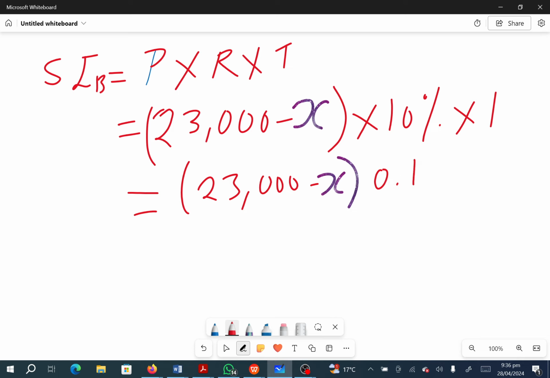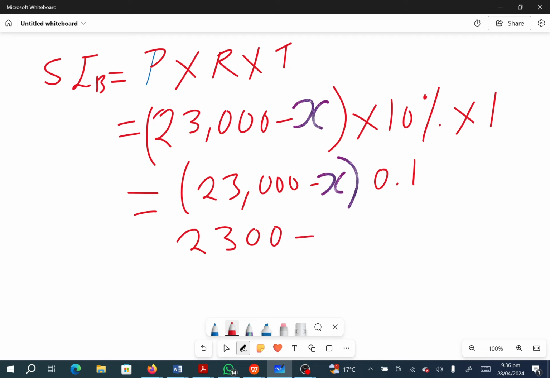So you multiply everything in the bracket by the figure outside. 23,000 multiplied by 0.1 gives 2,300.